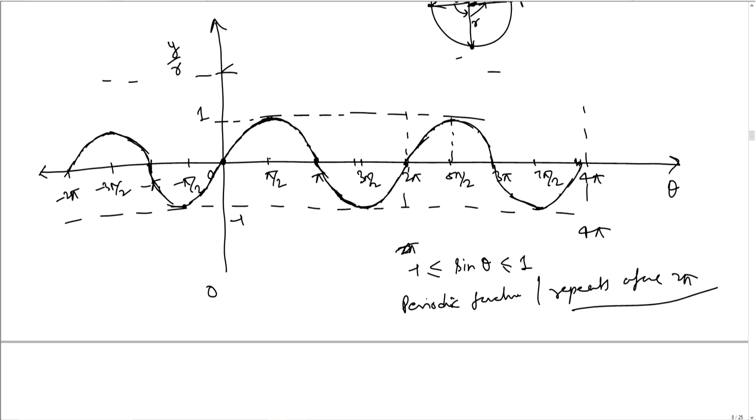So, because it was decreasing from pi by 2 to 0, it keeps on decreasing from 0 to minus pi by 2. Okay. So, this function is actually symmetric, but it is symmetric around, let us say, pi by 2. So, if you draw a line at x equals pi by 2, the function would be symmetric around that line. Okay. So, around this.